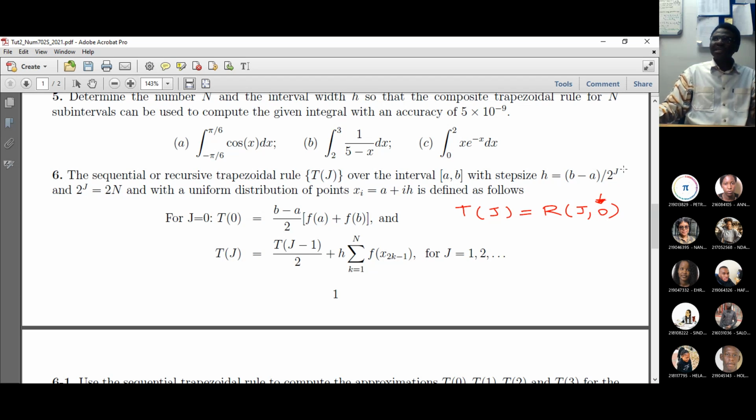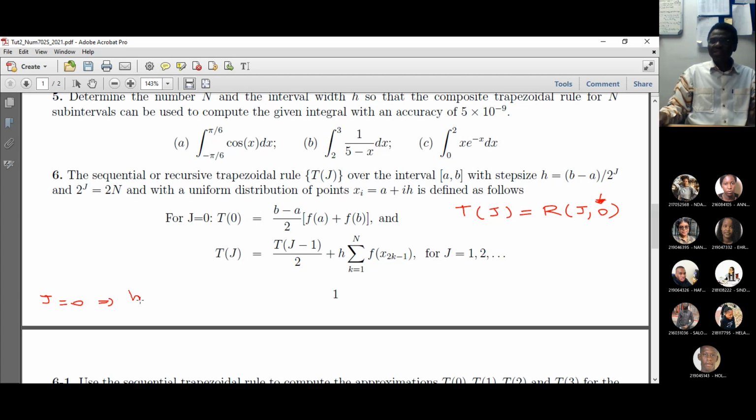So if you put 0 here, let me write, when j is 0, h, which is b minus a by 2 to the j, is just b minus a. So that's why we have b minus a here by 2. So this is your R00, which we call T0.